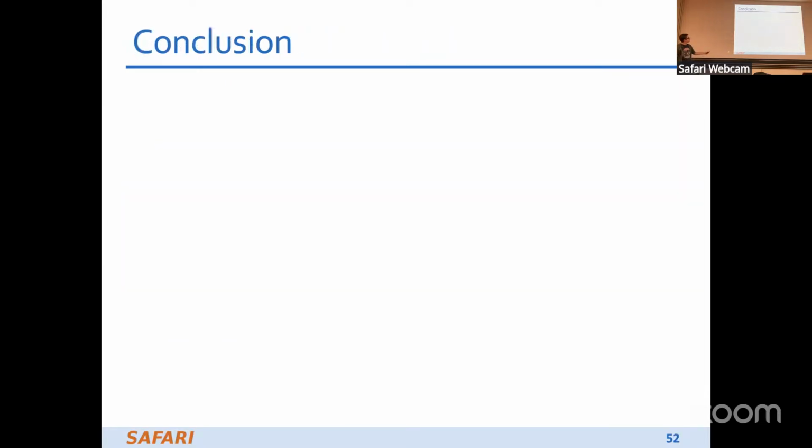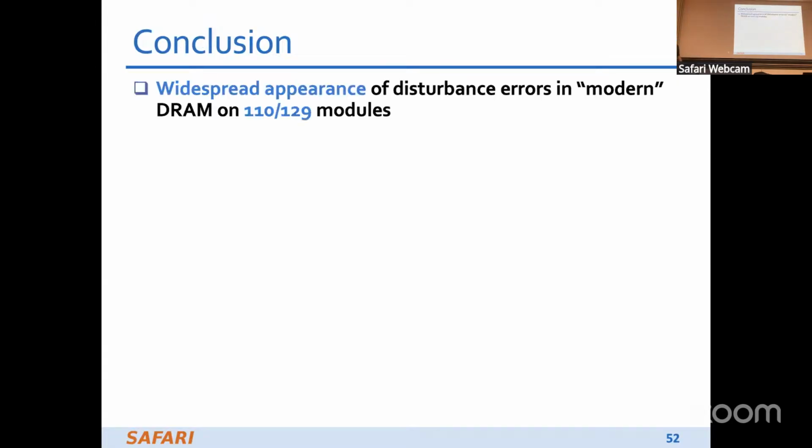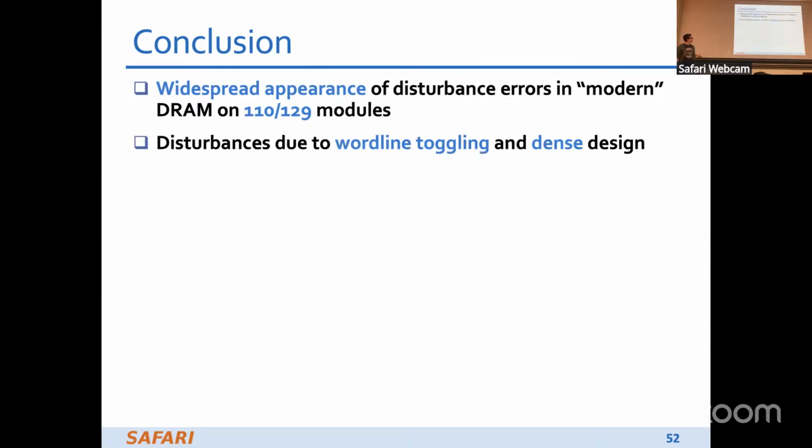Now, the paper concludes that first, there is a widespread appearance of disturbance errors in modern DRAM, modern referring to DDR3 DRAM in 2014, so it's not as modern nowadays. But on 129 modules they tested, they did find disturbance errors on, as I said, 110 modules, which is a sizable amount.